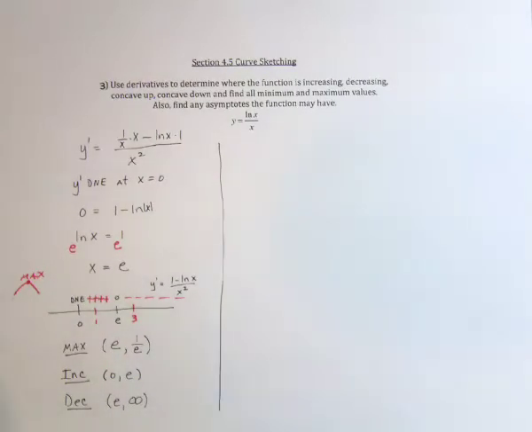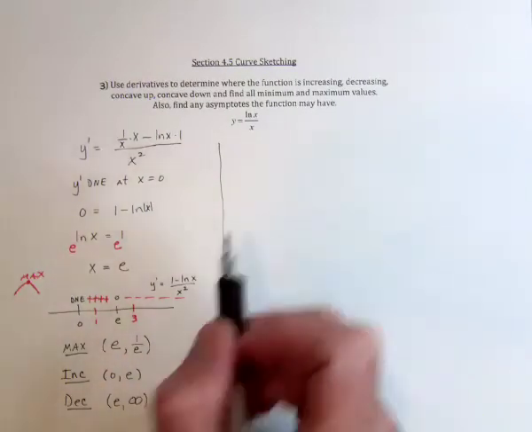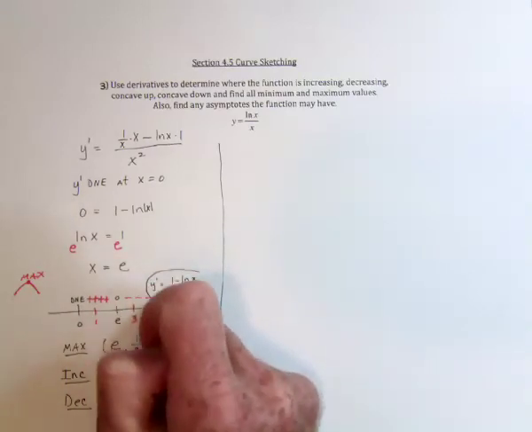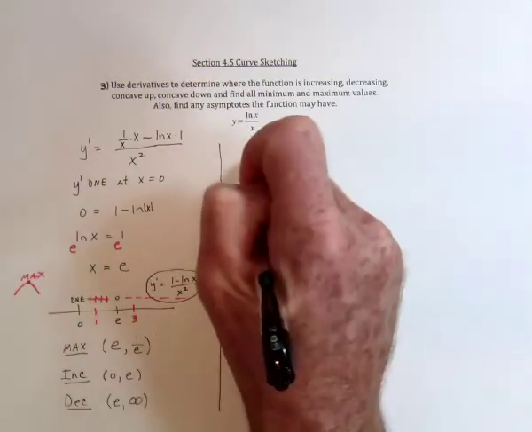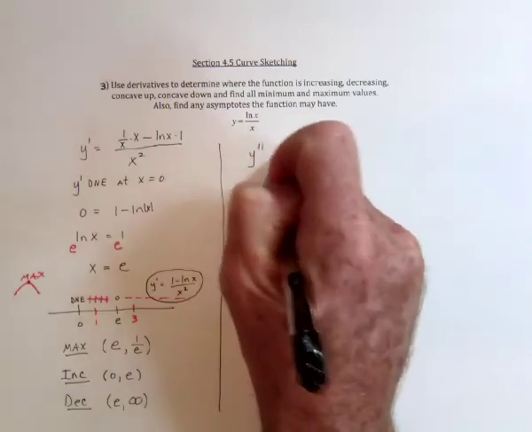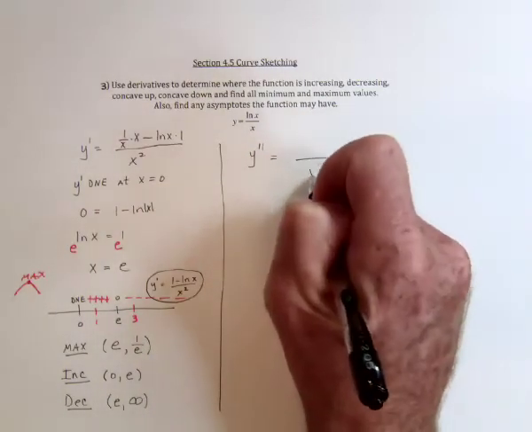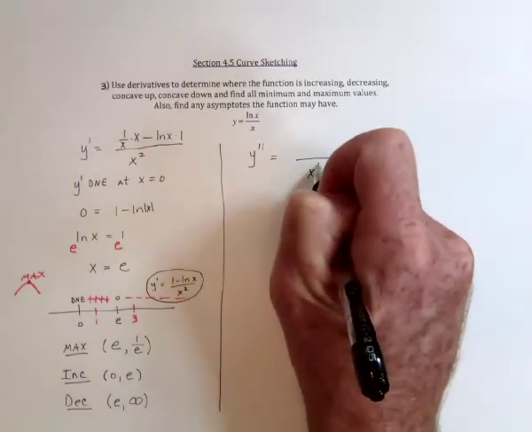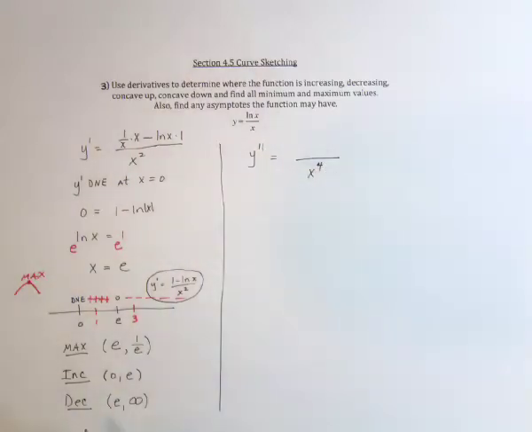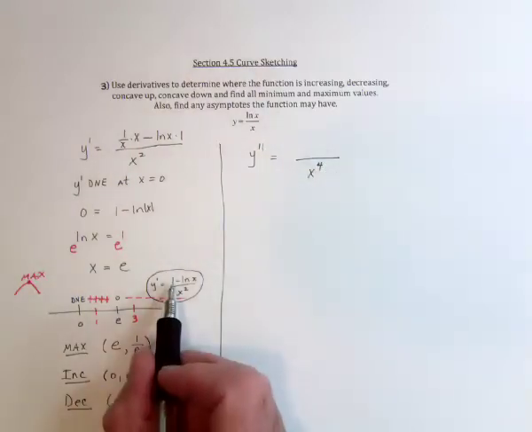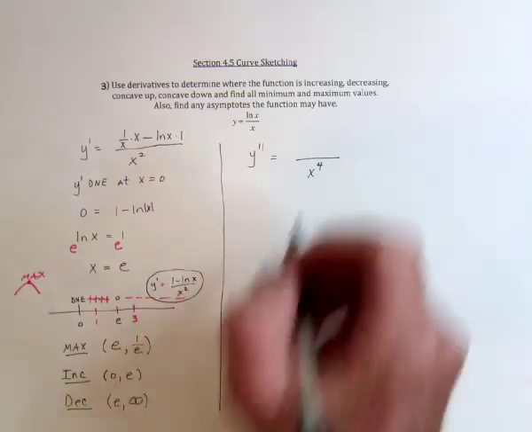And now we're ready for the second derivative. So I'll use this. Here's the first derivative. Take the derivative of that. So the denominator needs to be squared. So it's going to be squared squared, means to the fourth. Then take the derivative of this. So that's going to be 0 and negative 1 over x.